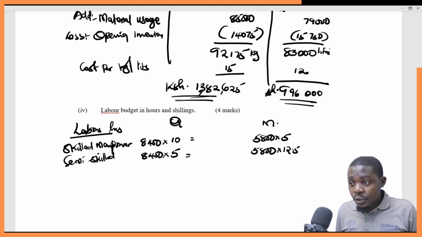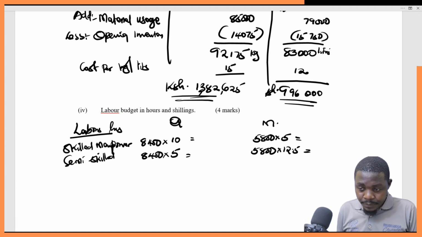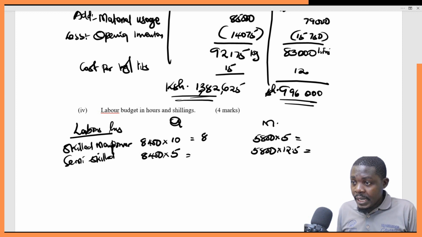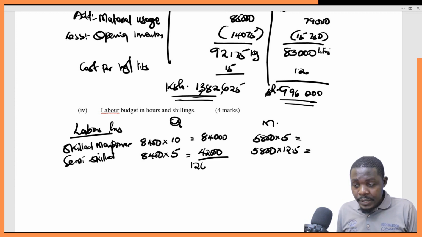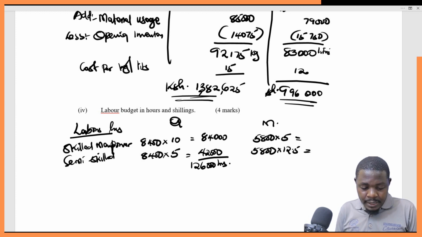Let's try to get the total number of hours worked. At this point, if you take 8,400 multiplied by 10, you should be getting 84,000. And then this multiplied by this, you get 42,000. Then when you add to it 84,000, you get 126,000 hours.